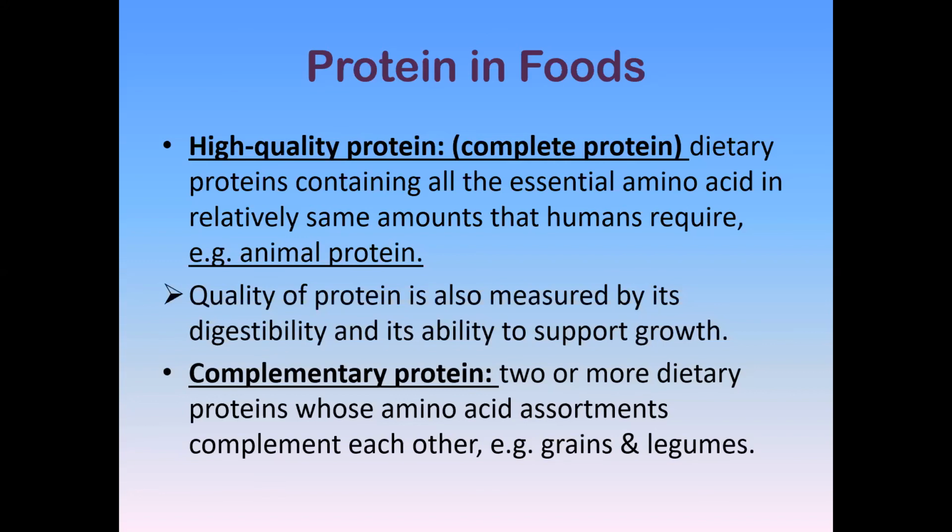Now, complementary protein is 2 or more dietary proteins whose amino acid assortment complement each other. For example, for those who are vegan or vegetarian and are not consuming meat or eggs, they can mix and match by eating rice or grains and also legumes, because legumes are usually high in protein and they are closer to meat in the content of essential amino acids.